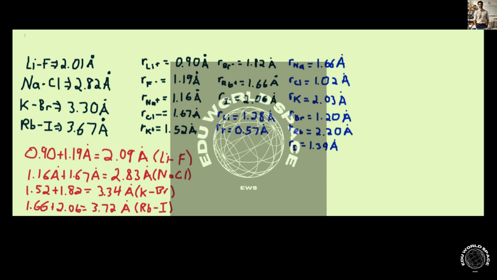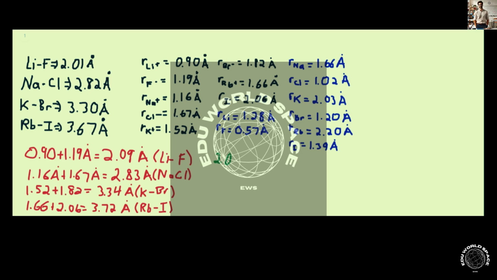Now, calculate the difference between the experimentally measured ion-ion distances and the ones predicted from figure 7.8. So we're going to subtract, sorry, experimental minus theoretical.